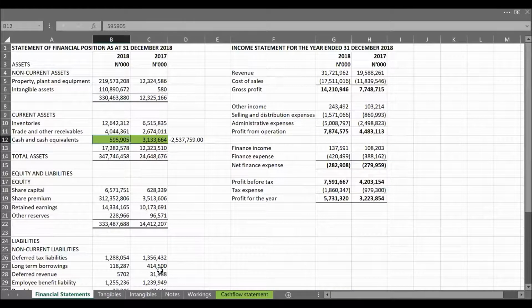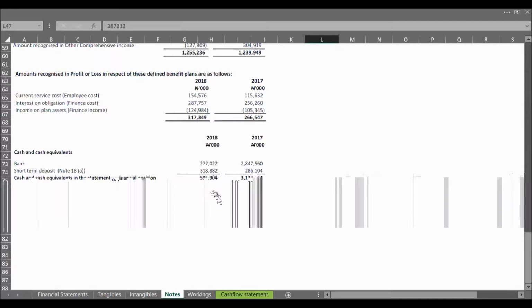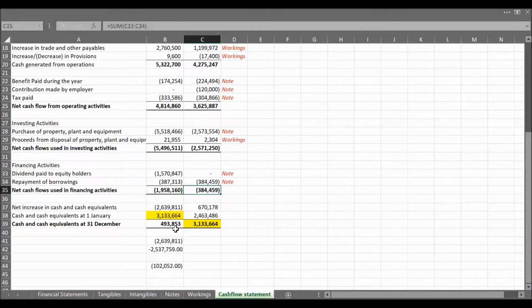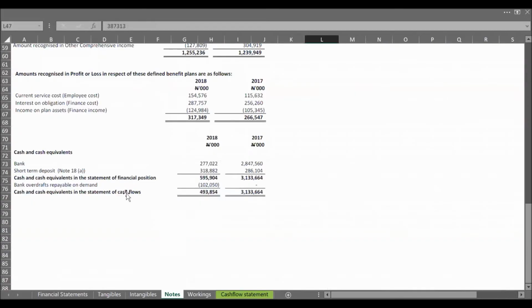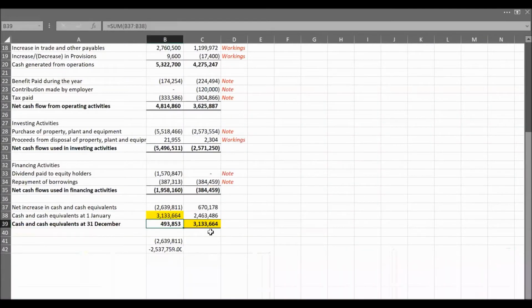But the amount was adjusted with the bank overdraft that was taken during the year. So the net cash and cash equivalent position is now 493,854, which is the same amount that we have as the balance on our cash and cash equivalent. So this amount is checked against the workings or the notes on cash and cash equivalent. With this, it shows that our cash flow statement is correct.